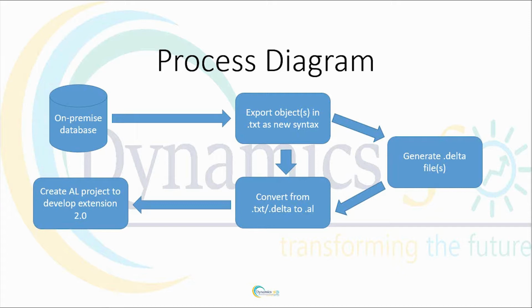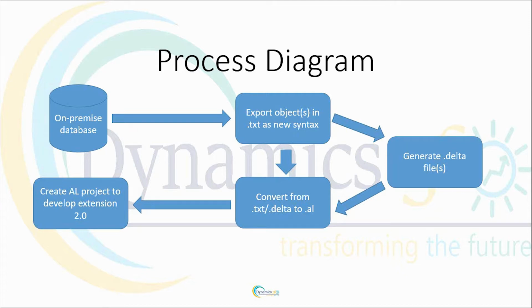Then from that delta file you need to convert those files to .al. So the text-to-AL converter supports both types of inputs. Either you are using .txt or delta files, it will work.